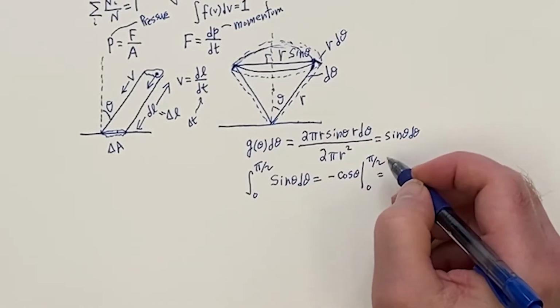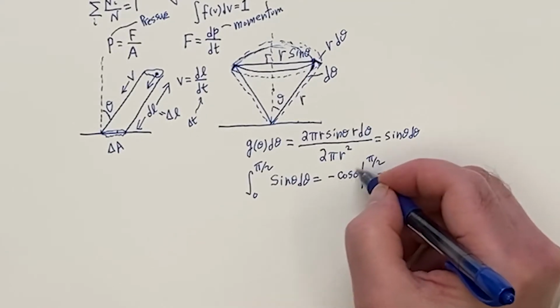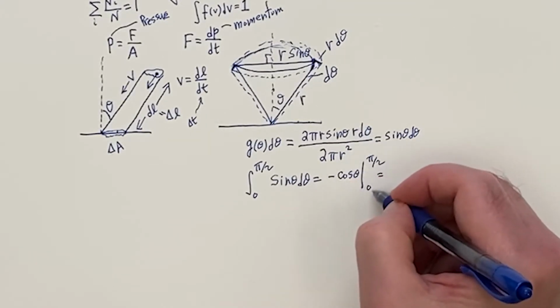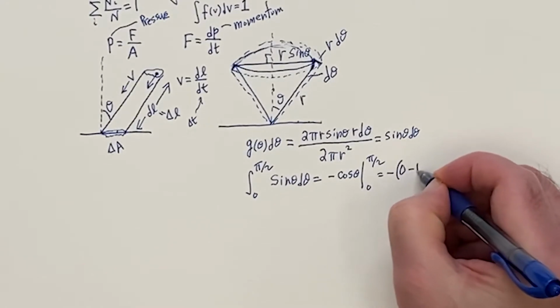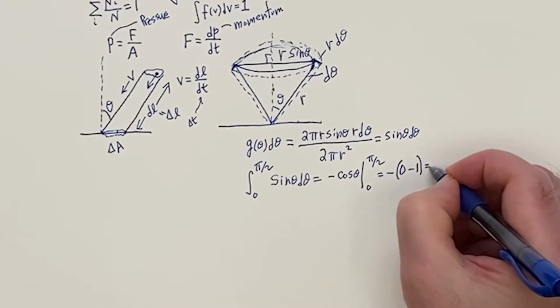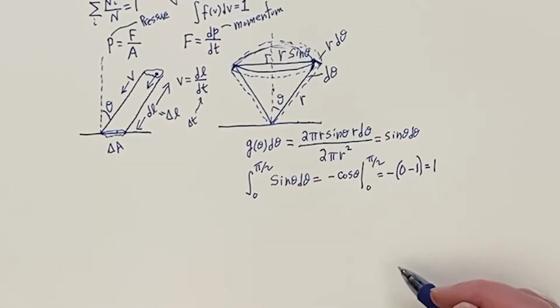When you put in pi over 2 for the upper limit, you get 0. And then the lower limit, you're subtracting, so you really have a 0 minus 1 with the negative sign, and that's equal to 1. So that's what it's supposed to be.